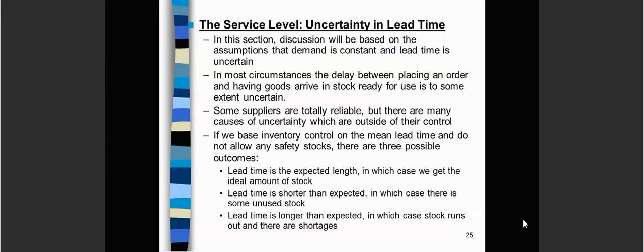Next, the service level with the uncertainty in lead time. In this section, we discuss based on the assumption that demand is constant and the lead time is uncertain. In most circumstances, the delay between placing an order and having goods arrive in stock ready for use is to some extent uncertain.